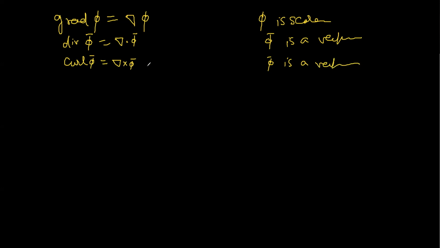Remember in this way, divergence means dot product, curl means cross product. And whenever dot or cross comes, it means both must be vectors. If divergence is 0, this is solenoidal. If the curl vector is the 0 vector, this is irrotational.